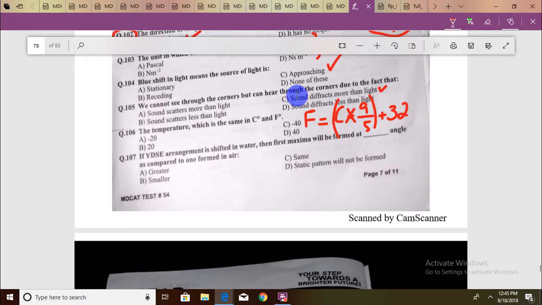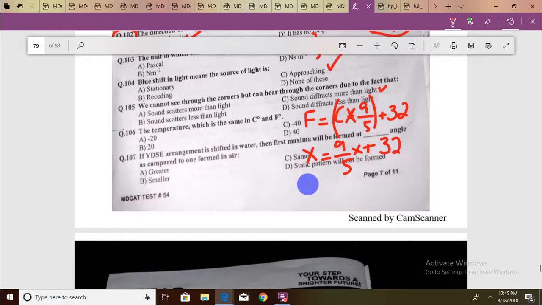Like F is equal to, so we can take both of these to be x. Over here we will have 9 over 5 x plus 32.